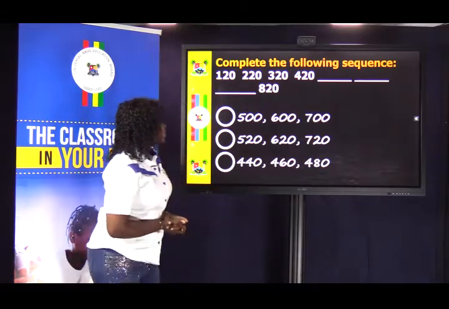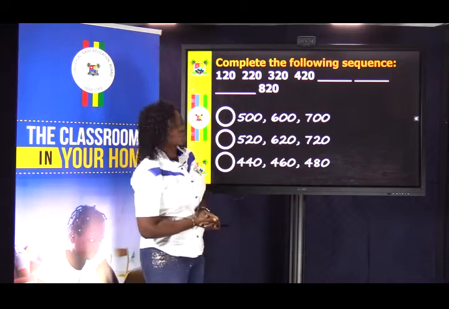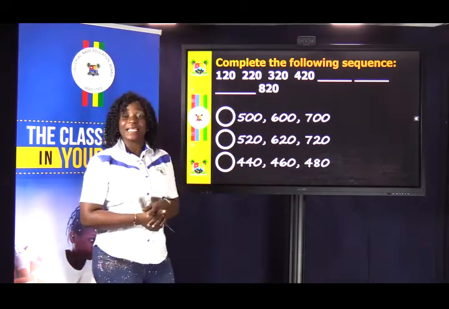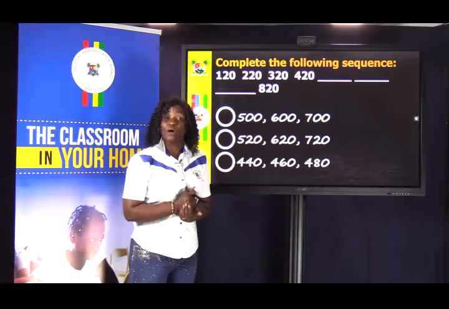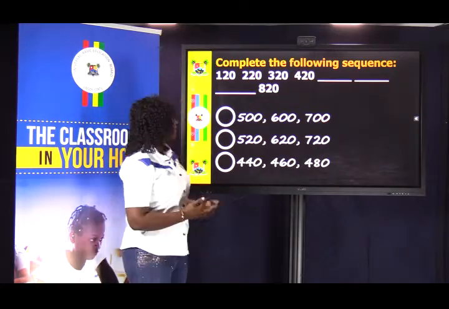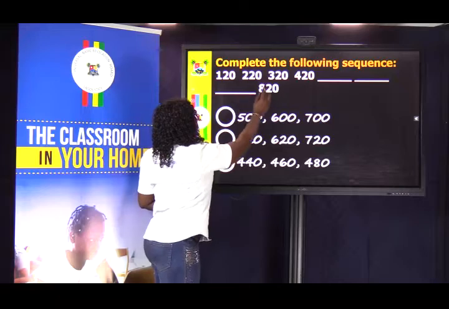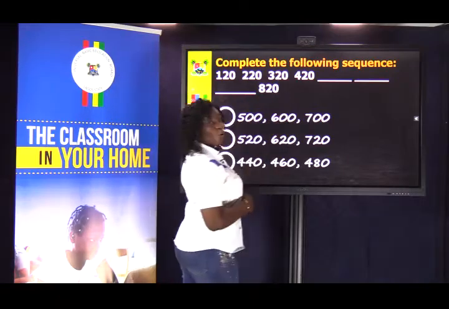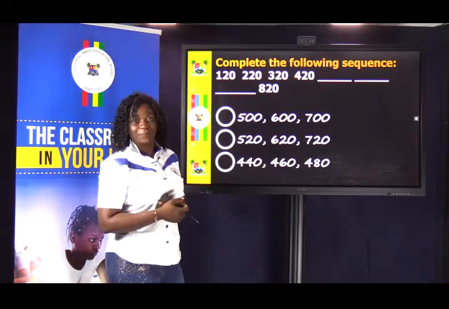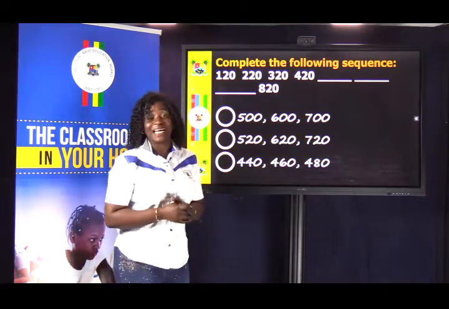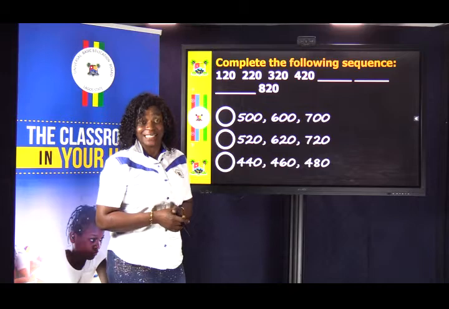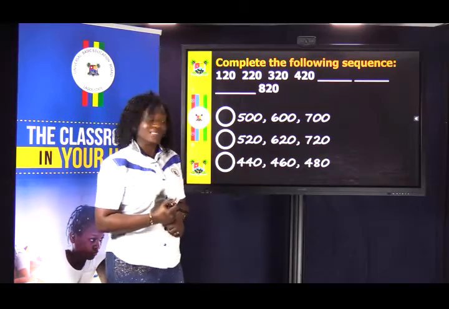Complete the following sequence. 120, 220, 320, 420. What number keeps changing? Yes, the number in the 100 place keeps changing. 1 changes to 2, 2 to 3, 3 to 4. Only the number in the 100 place. Or you can tell me, Auntie Tinu, 100 is being added to every number to get the next. Yes, smart you, it is the same thing.